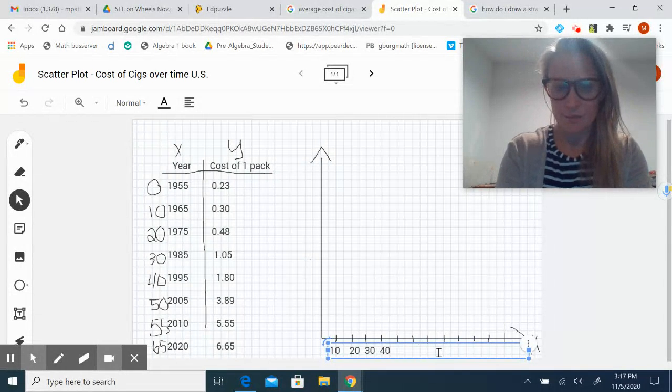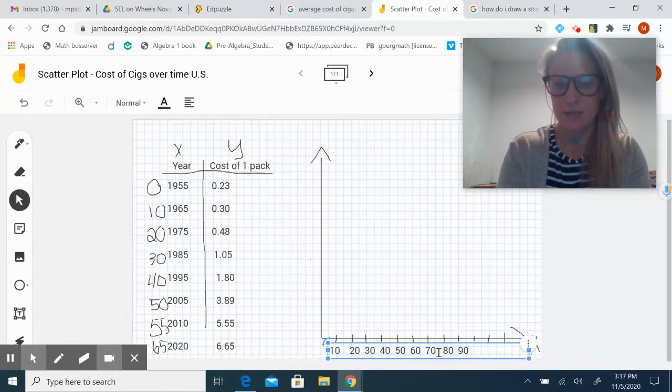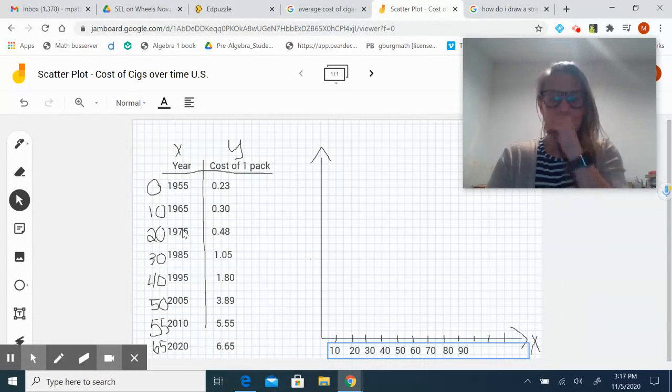And then when I get to those ones that are like 55 years and 60 years, I know where I'll put those. I'll put those halfway in between. Trying to get this to fit well so it's easy to read. Okay. And I don't even really need to keep going. I can if I'd like to in case I add data to it. But I have enough space for what I have going on here.